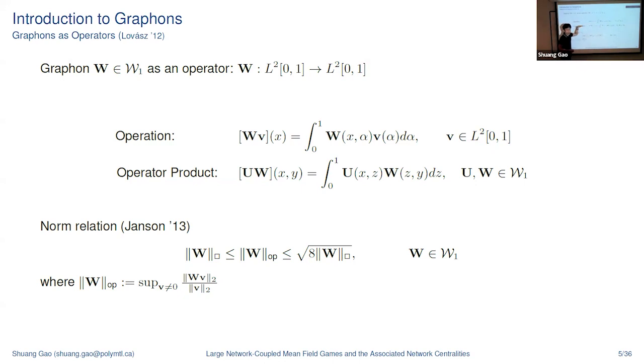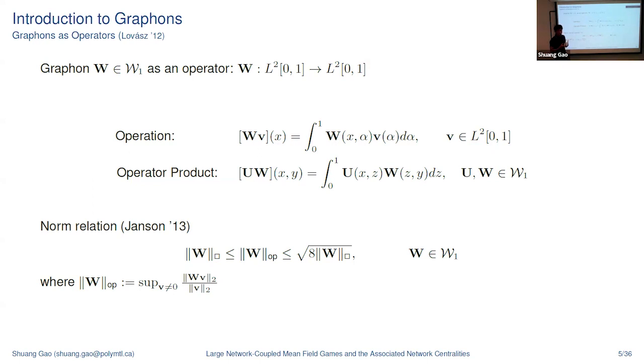So this is similar to matrix times vector. And then in a similar way, one can define operator products where we do the integration over the intermediate variable for two graphons. This is analogous to matrix products where you take two matrices. And then there is a useful relation between the norms, because for graphons, we can choose different norms.